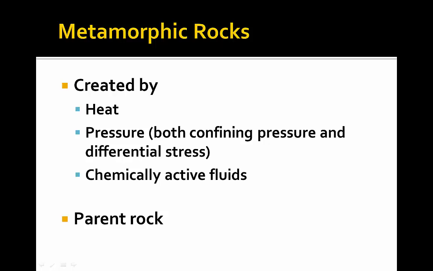So one thing to keep in mind is that even though there's heat and pressure and chemically active fluids, none of that is going to go too far to the point where it's melting a material. And so all this is happening within a solid, or at best a plastic-like stage. So these are changes that happen to a rock called a parent rock, which is what the rock was before it was metamorphosed.